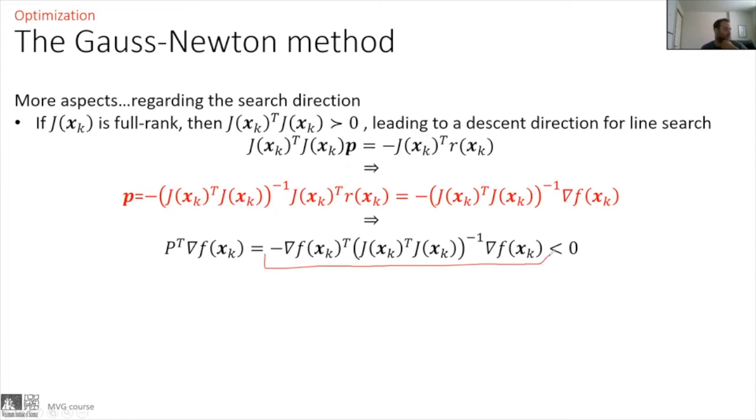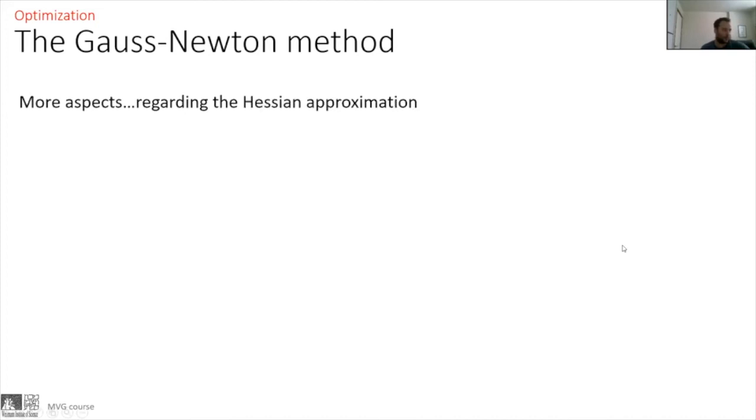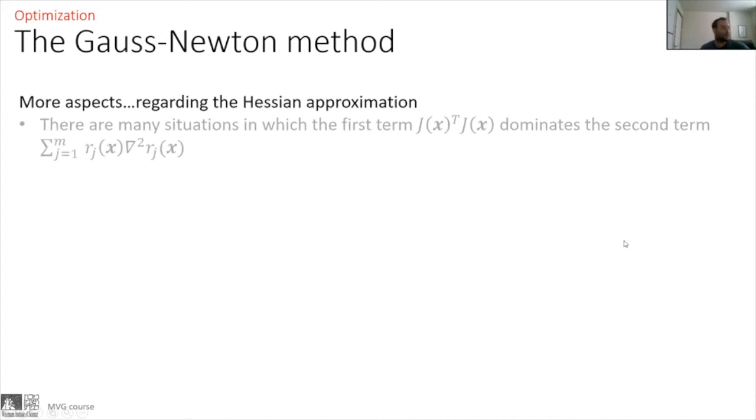And because the Jacobian is full rank, J transpose J is strictly positive definite, so this term is strictly smaller than 0, which means that we have a descent direction. This is something that we wanted to verify.